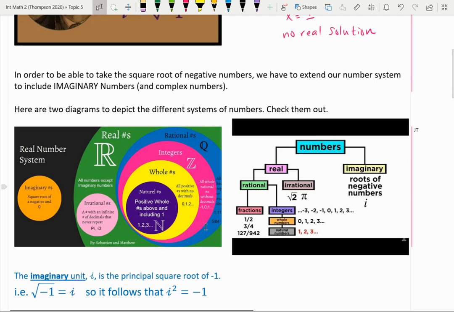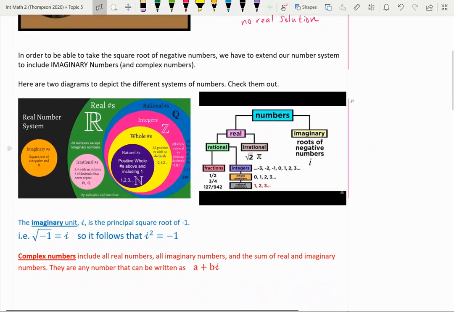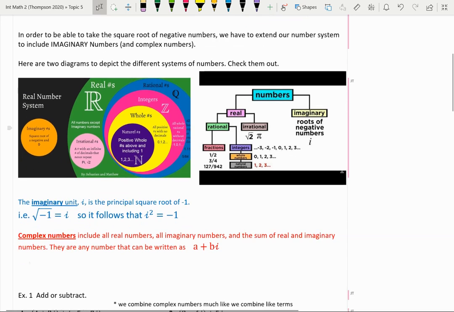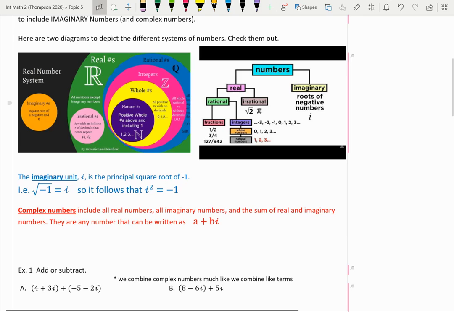Today, we start talking about imaginary numbers. So it's a whole other scope to look at here. The imaginary numbers exist only because of taking the square root of a negative number. So right down here in blue, it says the imaginary unit i is the principal root of negative 1.